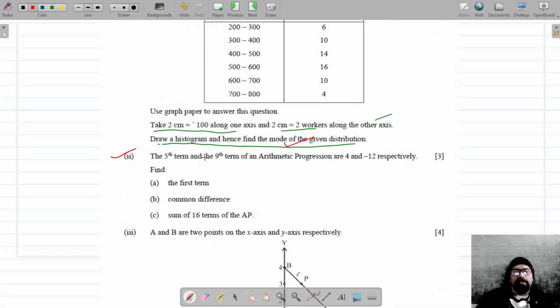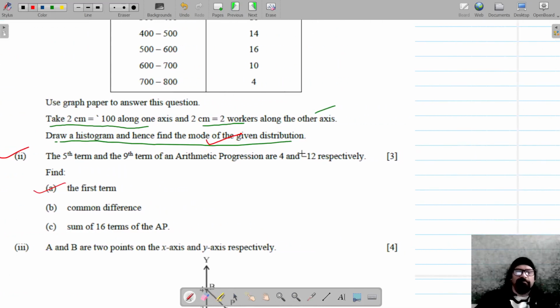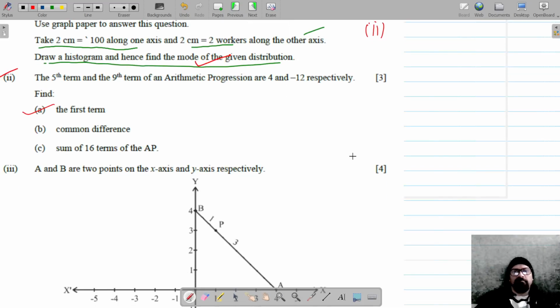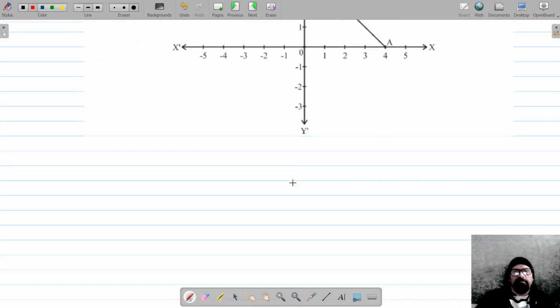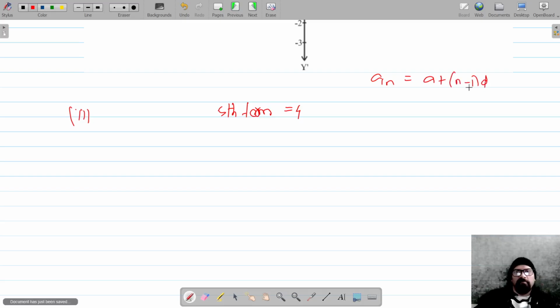For the second one, the fifth term and the ninth term of an AP are 4 and negative 12, we have to find the first term. It's given that the fifth term is equal to 4, and we know that the formula for the nth term an is a plus n minus 1 into d, and to get the fifth term n is 5, so a plus 5 minus 1 is 4d.